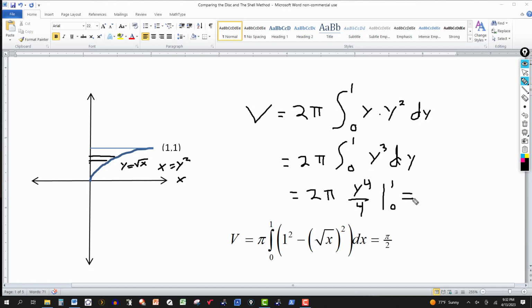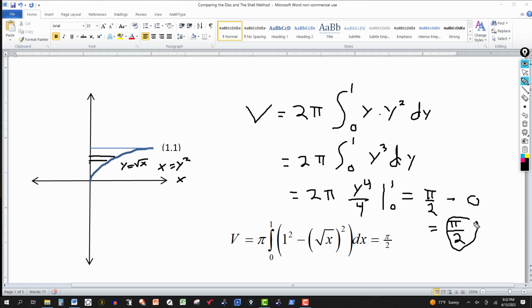Evaluate this at 1, so put a 1 where the y is. 1 to the fourth is 1, over 4. That's 1/4 times 2 pi, which is 2 pi over 4, or pi over 2. And then minus the value at 0. When you put 0 where the y is, this will be 0, and 0 times 2 pi is still 0. So the answer is the same as we got with the disk method: pi over 2 cubic units.